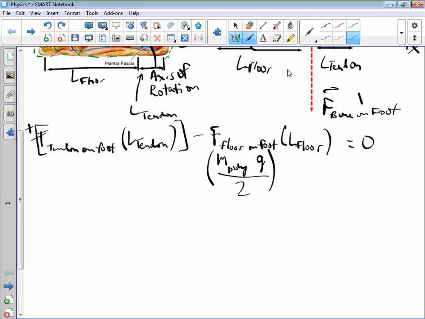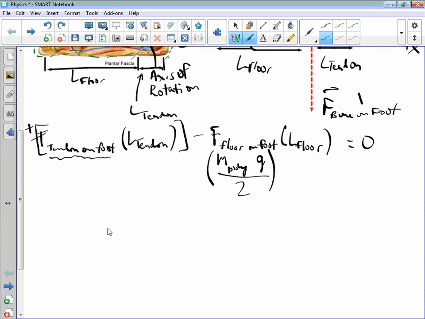I want to do it in the same color. We want to know essentially about the tendon on the foot. If we were to solve for this, you'd have to get all this on the right, and you divide by the length of the tendon.